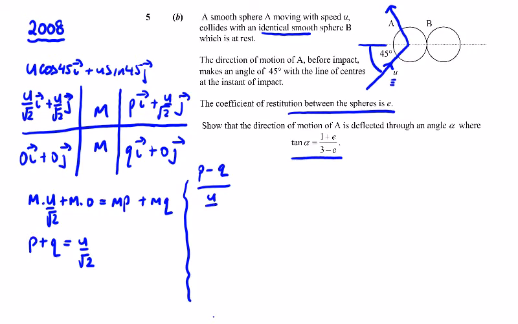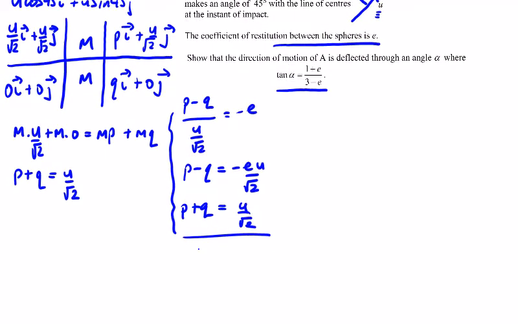If you want to write it like this first, p minus q is equal to minus e u over root 2. And we also have p plus q is equal to u over root 2. So combining these two, we get 2p is equal to u over root 2 minus eu over root 2. So p will be equal to u over 2 root 2 minus eu over 2 root 2.